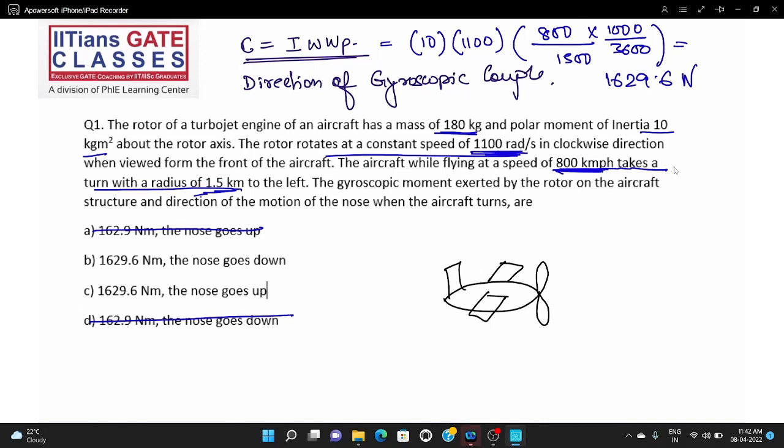Now, if you see the rotation from the front, it seems like it is rotating clockwise. So now use your right hand thumb rule. Curl your fingers in the direction of rotation. The direction of the thumb will give the direction of angular velocity. So if you see this, the angular velocity will be in this direction.